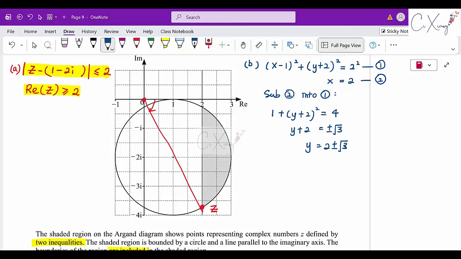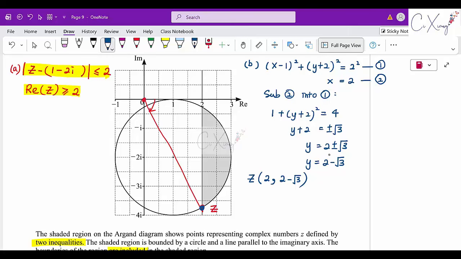Alright, 2 plus root 3 should be a positive value, that means your y coordinate should be positive, which is on top. So it shouldn't be. It should be the negative value. So you should take the 2 minus root 3. Therefore your z has the coordinate of 2 and 2 minus root 3.